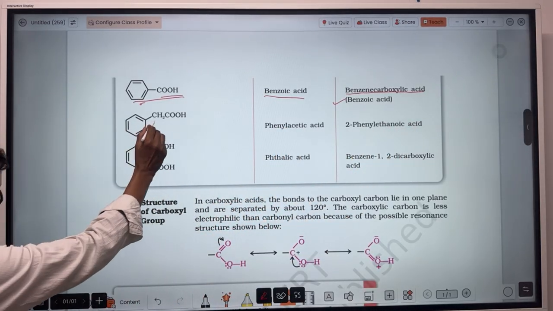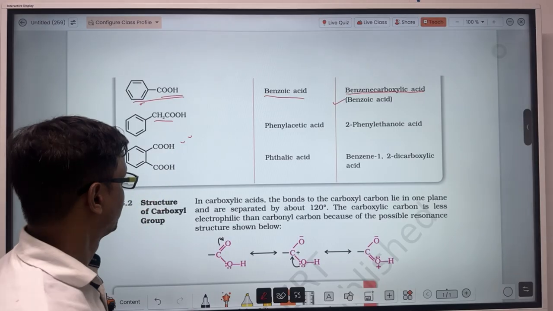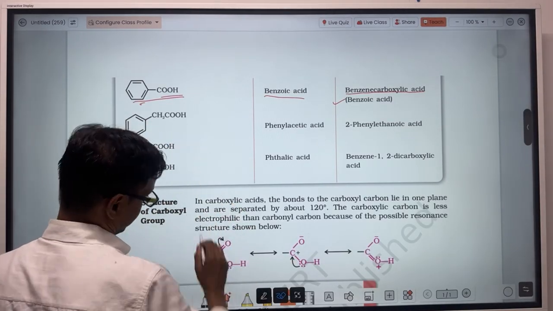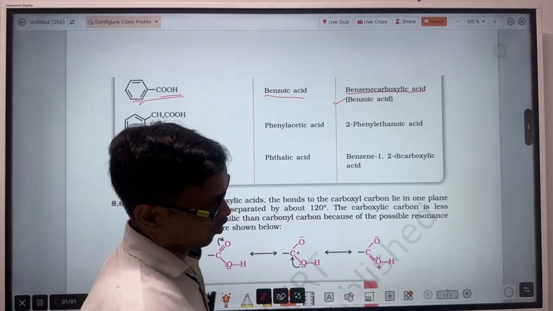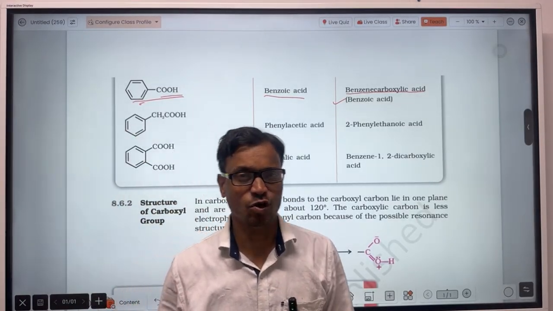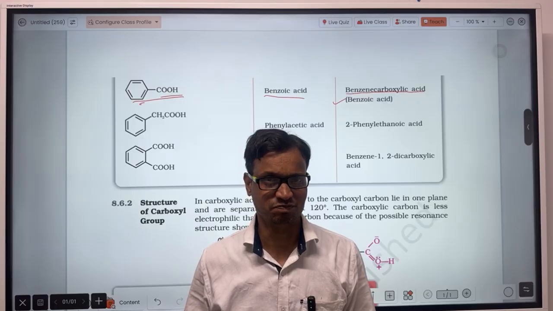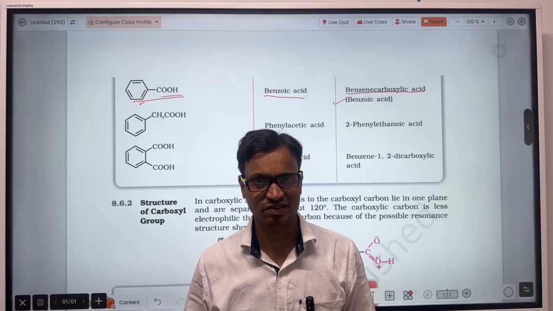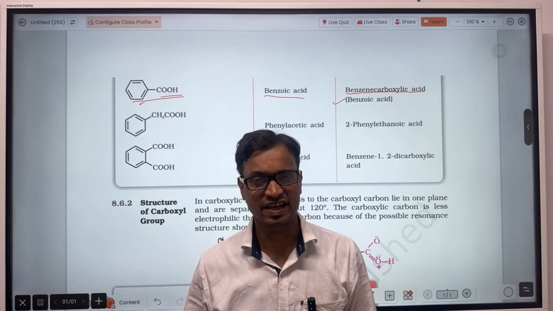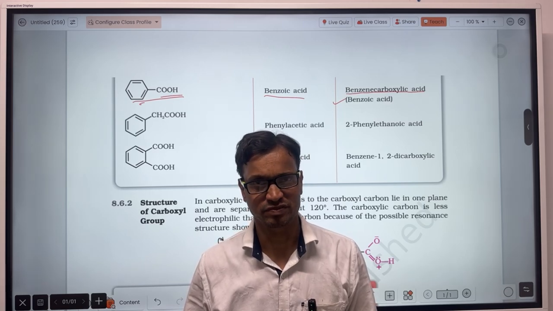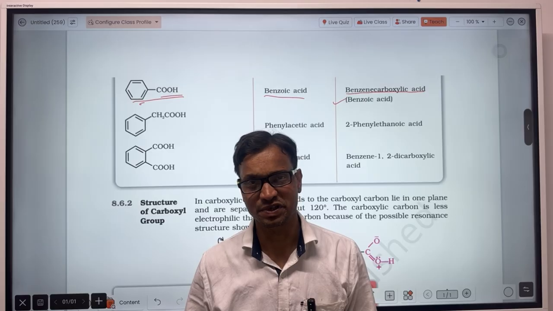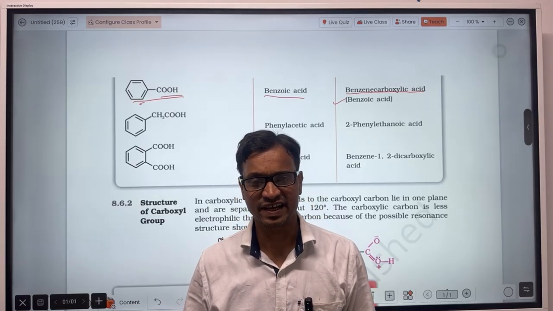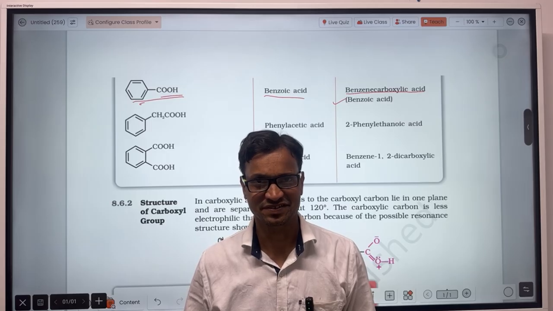Now let's see how to write the IUPAC name. Guys, a number of times I have told that when the open chain contains the functional group, the name of the compound will be based on the open chain, and the cyclic group, either aliphatic or aromatic, will be considered as the substituent.